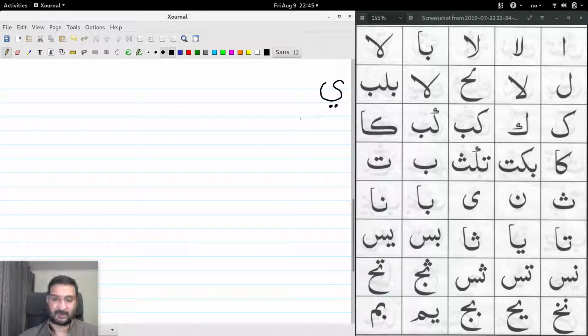It's the last letter of the Arabic alphabet, plus alif, ya alif, and it takes this form. Whenever it's in the beginning of a word, it takes this form, just like ba or ta, but ta has the dots on the top and ya has two dots at the bottom, the same two dots which are shown here, they appear here.